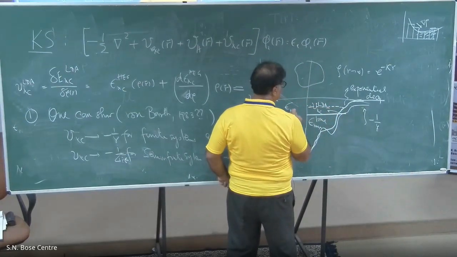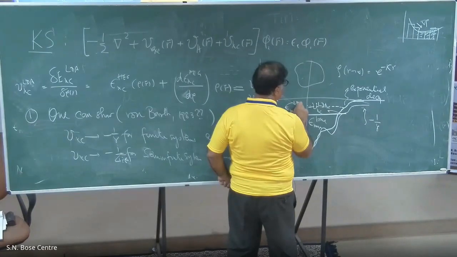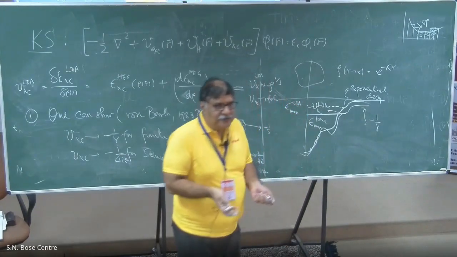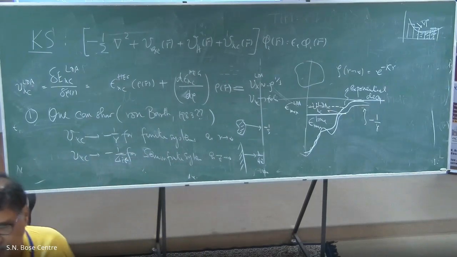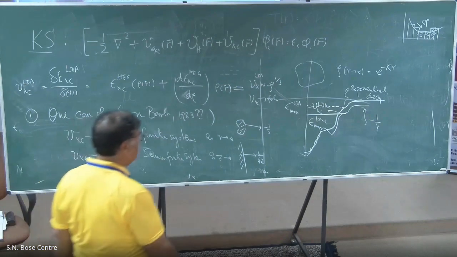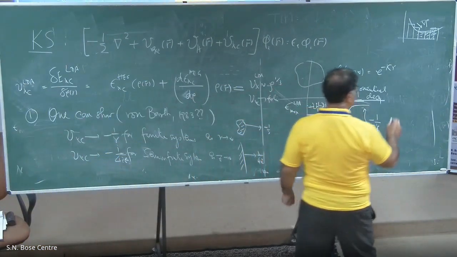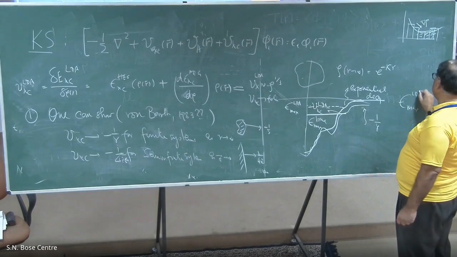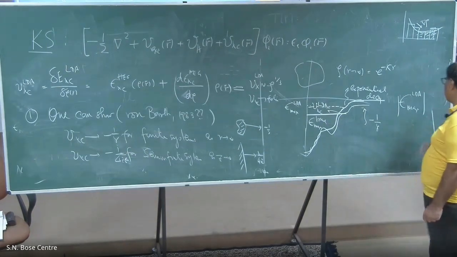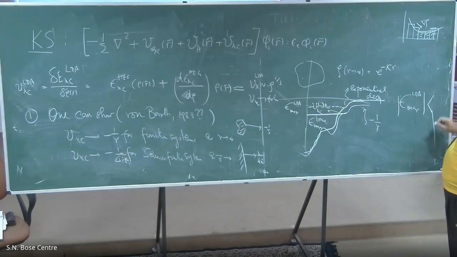Epsilon max at the end, because it is less bound. It's not that deep far outside. Is that okay? Right? So epsilon max in LDA is necessarily smaller than the true epsilon max.